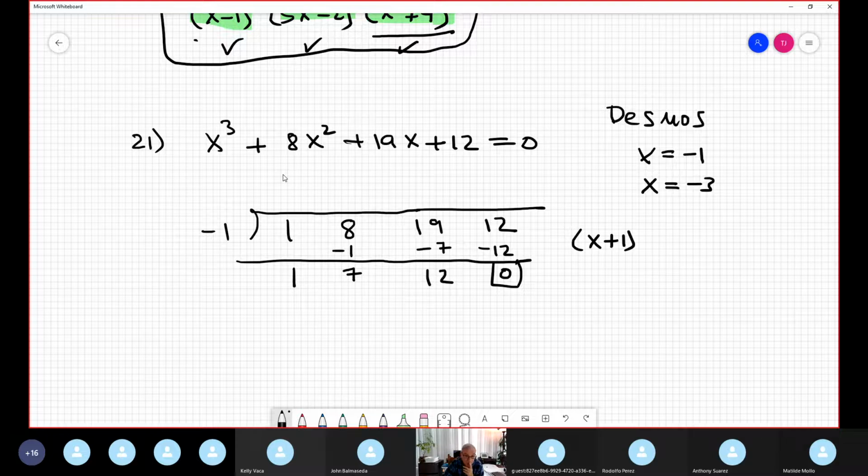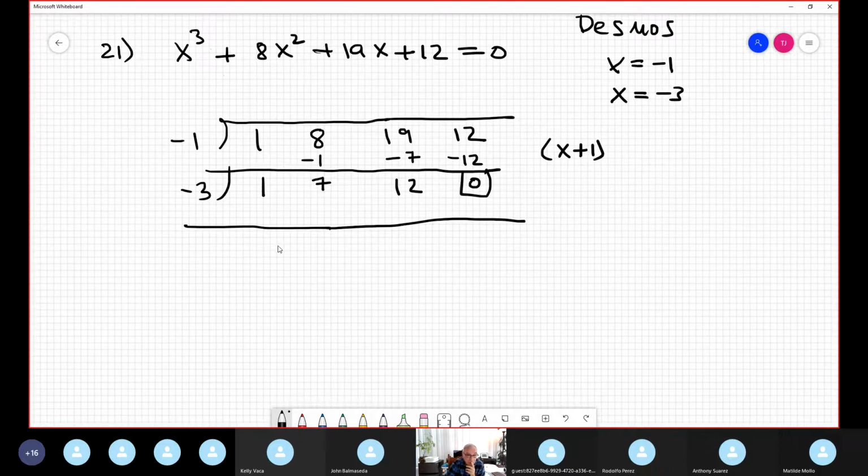One more. -3. Bring down 1, -3, +4, -12. 0 remainder, therefore the factor x plus 3. And the third factor, because the degree is 3, is x plus 4, no?